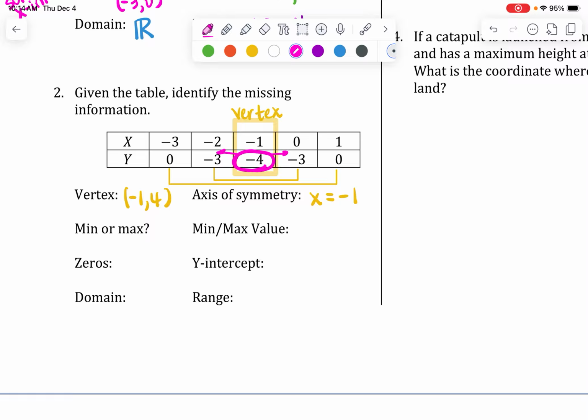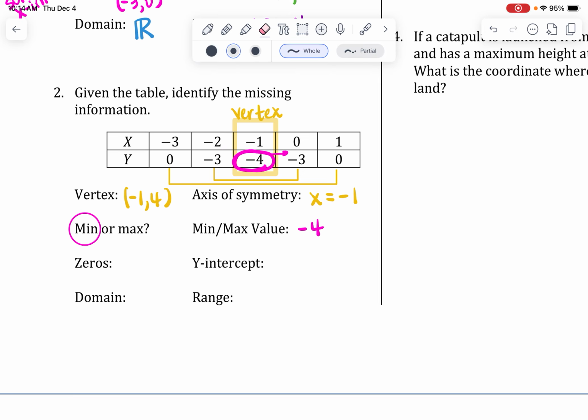Are they getting bigger or smaller? Or in turn, you can ask yourself, is -4 the highest or the lowest value of all the y's? And clearly, -4 is the lowest y value that we see in this table. So that means it is the minimum. It's at the bottom of the graph, which again, I already typed into Desmos, and I can see it's an upward-facing parabola, so I definitely know it's a minimum, and that minimum will have a y value of -4.